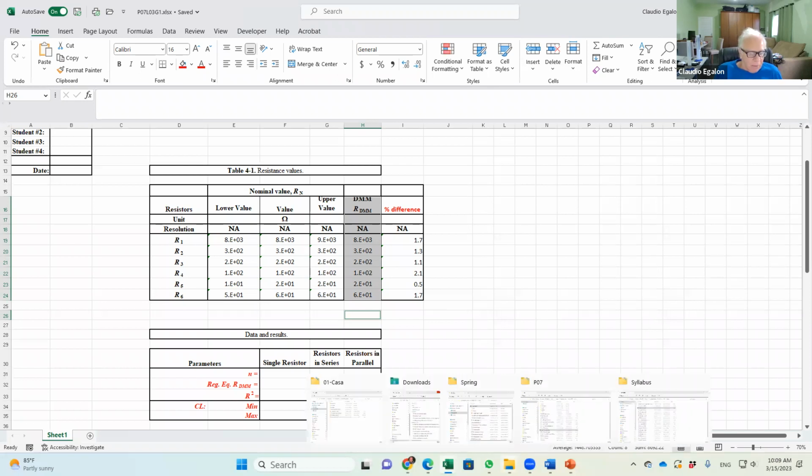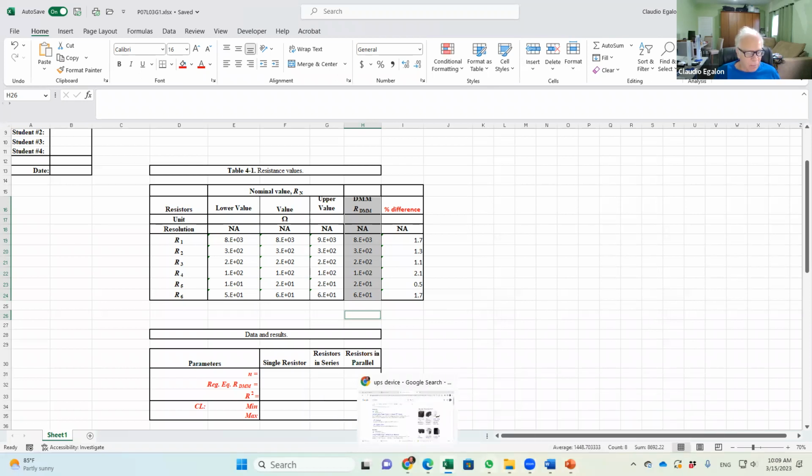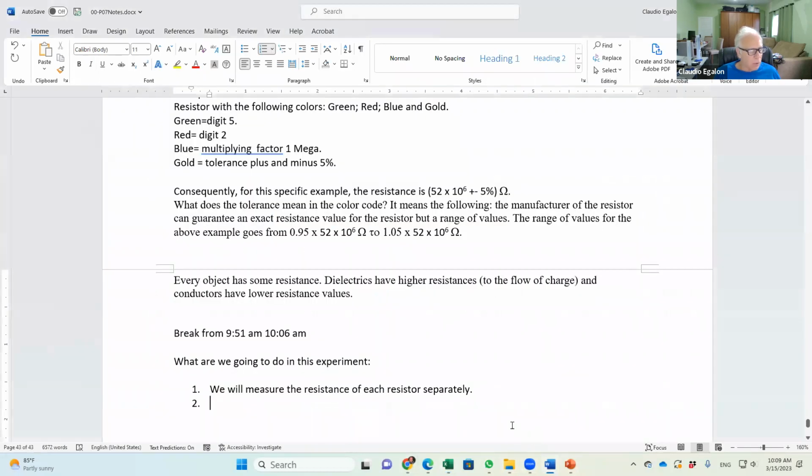Okay, so that's the first step in the so-called virtual experiment, where you measure the resistance of each resistor separately, a total of 6.